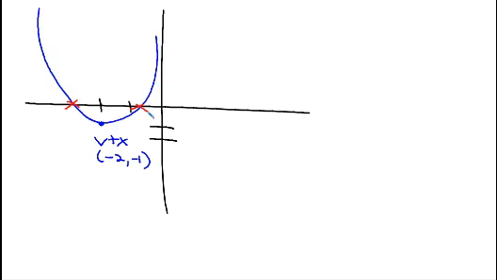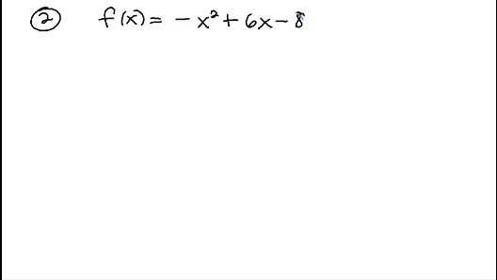All right, let's look at another problem. We're going to do the same thing on this one. My function is -x squared plus 6x minus 8. Now remember, anytime we complete the square, our a term has to be +1.